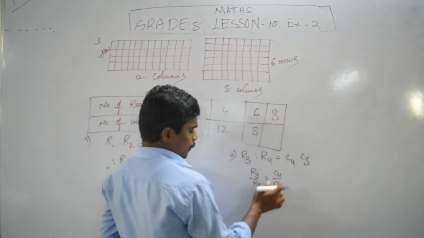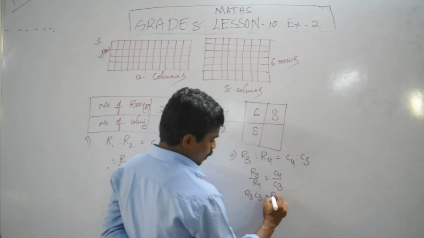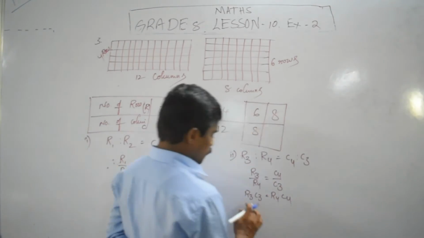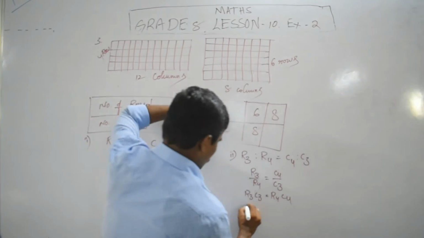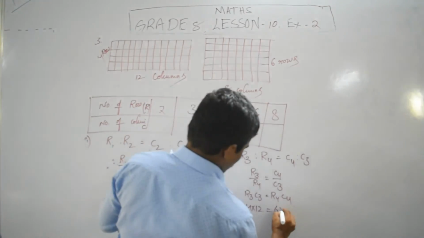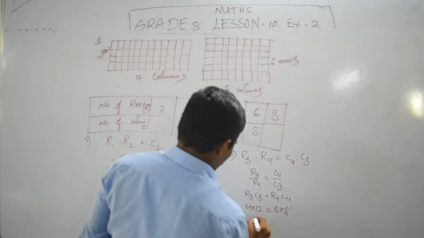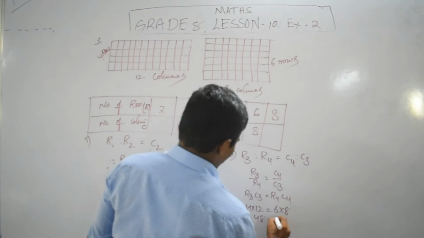These two are multiplied: R3 C3, R4 C4. R3 value how much? Here 4 cross 12, 6 cross 8. So 12 4s are 48, 6 8s are 48.